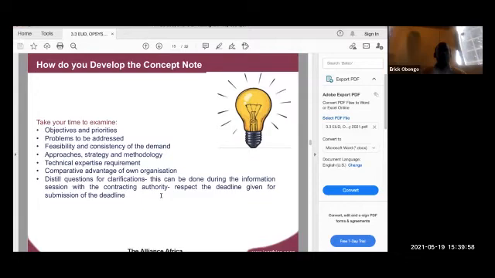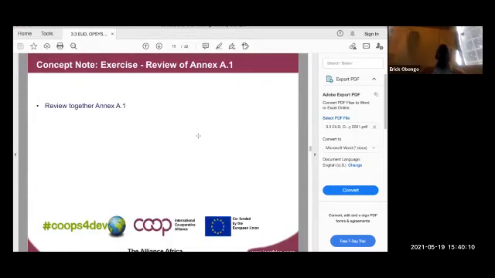You're supposed to engage with them, to consult with them for them to be able to clarify those issues that you think are not so clear to you. So once you're clear in your mind, then you will now engage and start writing the concept notes.